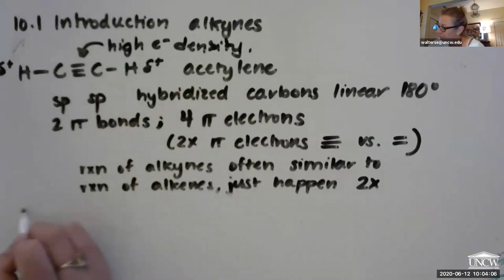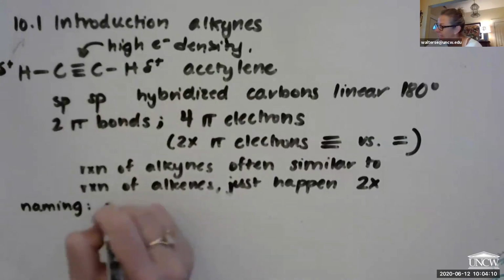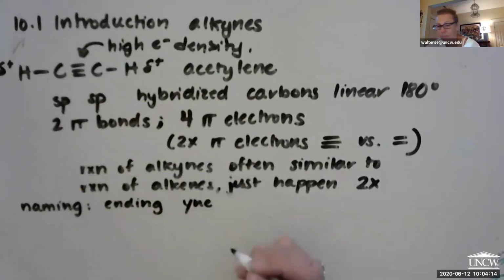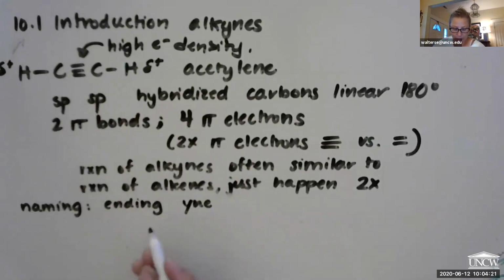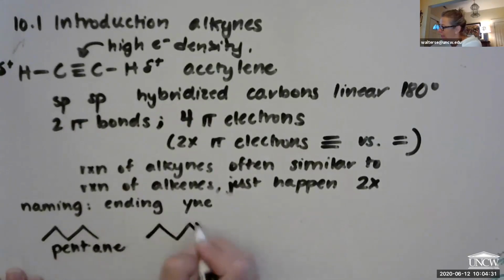All right, in terms of naming, the ending changes to yne. So if we look at a set before we do more work, this is pentane. 1-pentene.